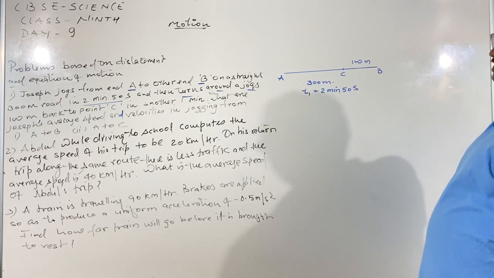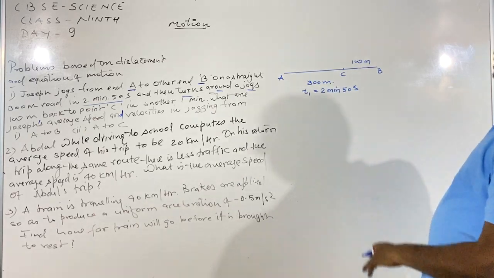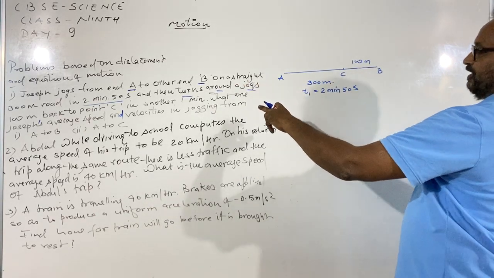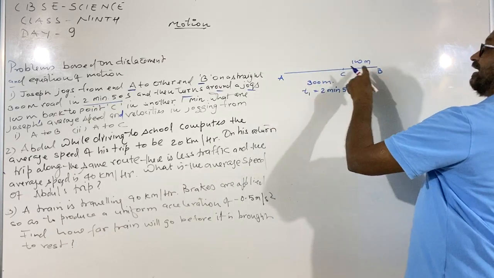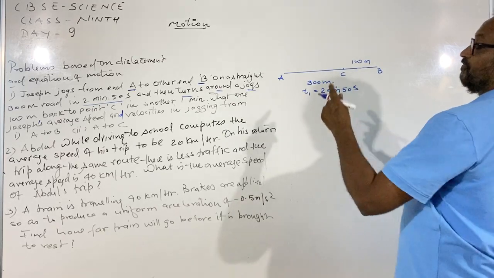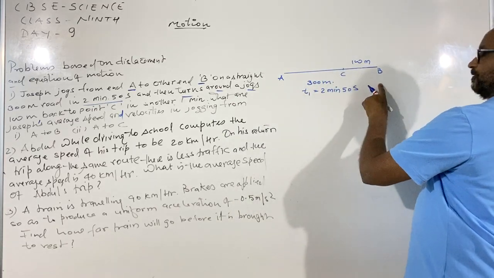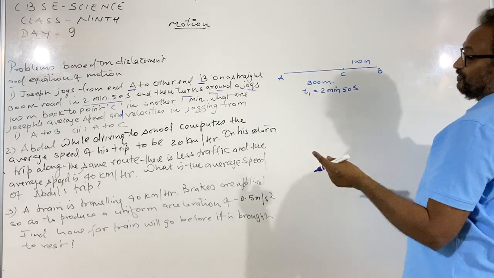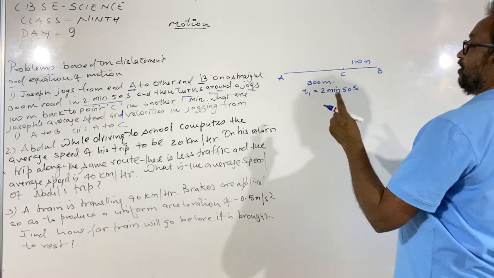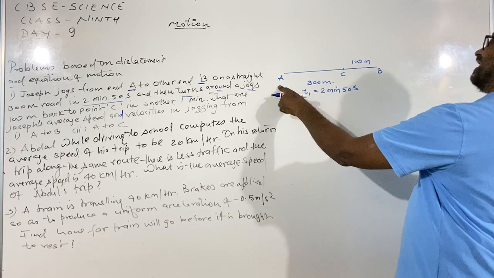Now you have to calculate average speed of Joseph in moving from A to B and also average velocity while moving A to B. Then you have to calculate the average speed and average velocity in moving from A to C.